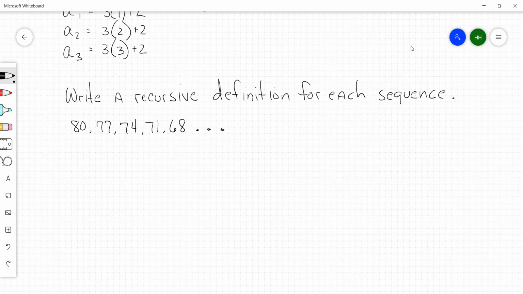All right, recursive is when the next term is related to the previous term. So in this case, in a recursive, you know the first term. So your a sub 1 is equal to 80.